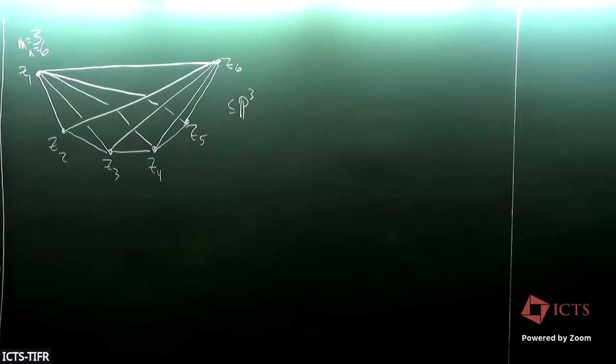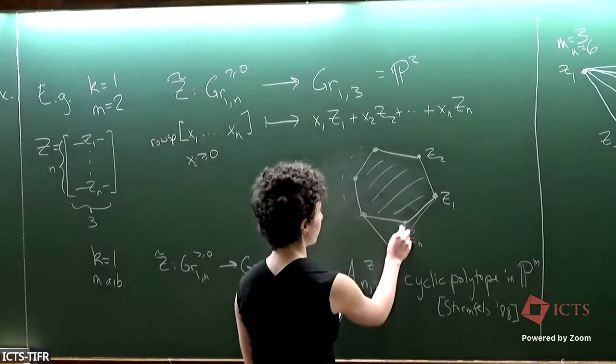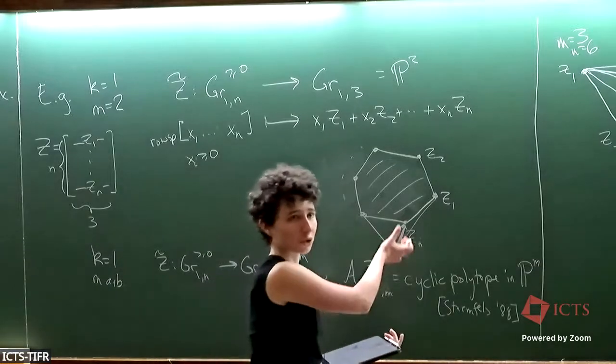Yeah, so let's do this example. Here my matrix is an n×3 matrix, and I'm going to call my rows Z1 through Zn. And each row gives me a vertex of my polygon. If this is the origin down here, this vector from the origin to here would be the nth row of Z, because that's a 3-dimensional picture.